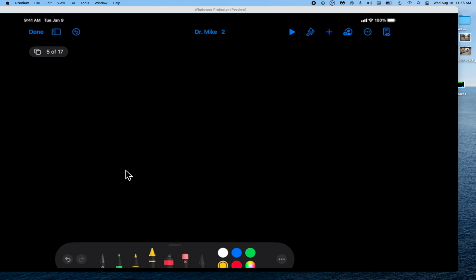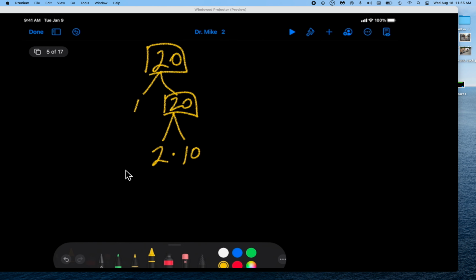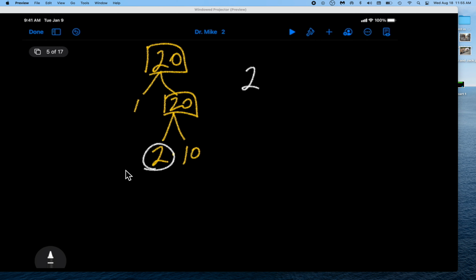Let's do the prime factorization of 20. Okay, we have 1 times 20. We have 2 times 10. 2 is a prime number. So we know that's going to be part of our answer. But we're not done, because 10 is not. We got to break that down.